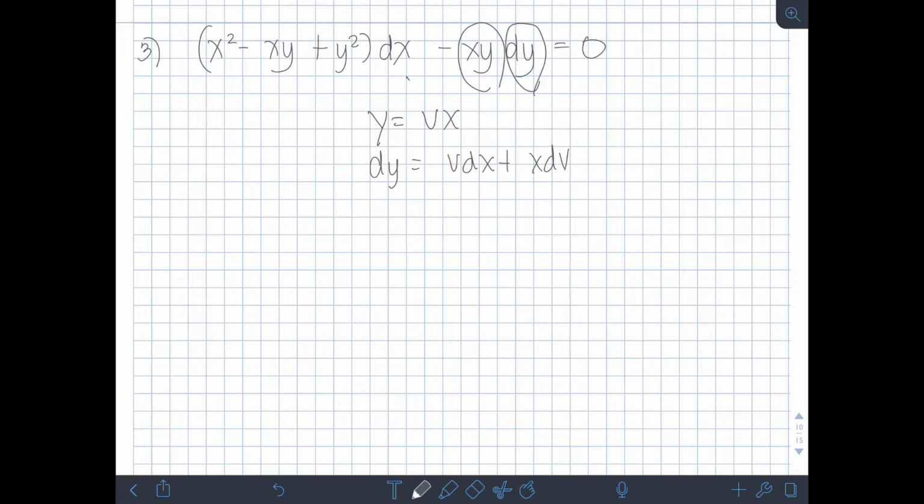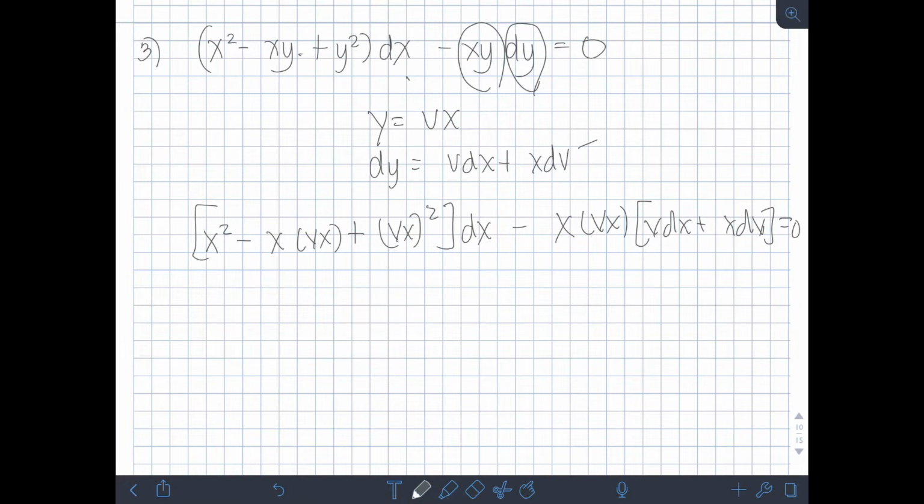So, substitute na natin. So, we have x squared minus x, itong y magiging vx plus itong y squared magiging vx quantity squared multiplied by dx minus x copy, tapos y magiging vx, tapos ito ngang dy magiging v dx plus x dv equal 0.